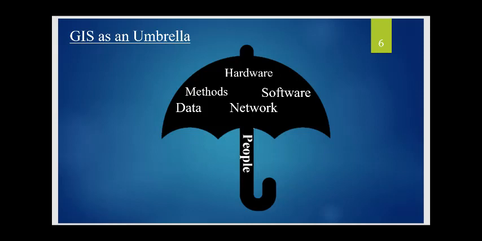The people part of a GIS is the part that operates and maintains the GIS. By successfully completing this course, you will begin your path as an integral part of the GIS and will be able to operate a GIS to collect, maintain, store, analyze, output, and distribute spatial and non-spatial information.